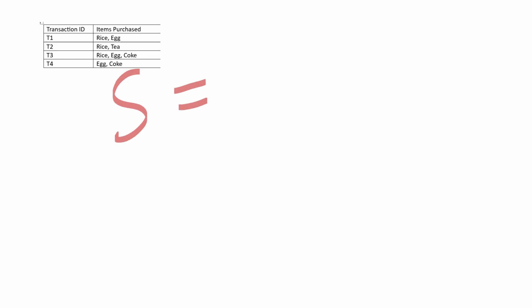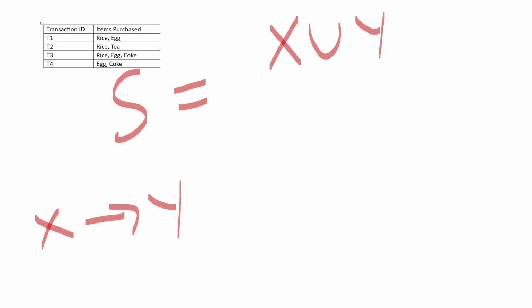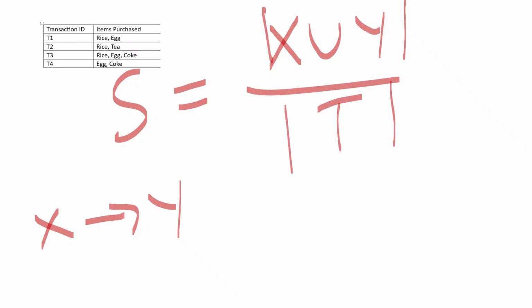Support is represented as, if we are having two items X and Y, we want to find whether two items are supportive, we have to count how many times X and Y occur divided by total number of transactions in the entire database. Another thing is confidence.